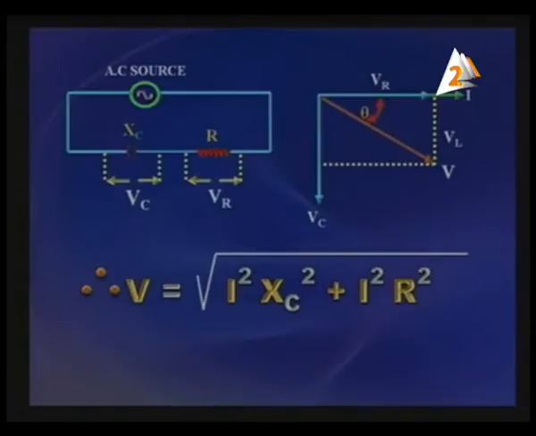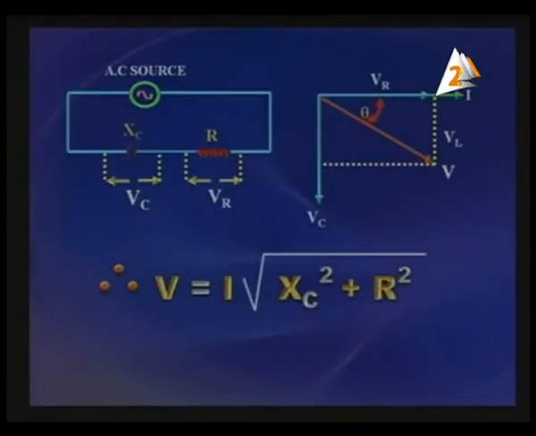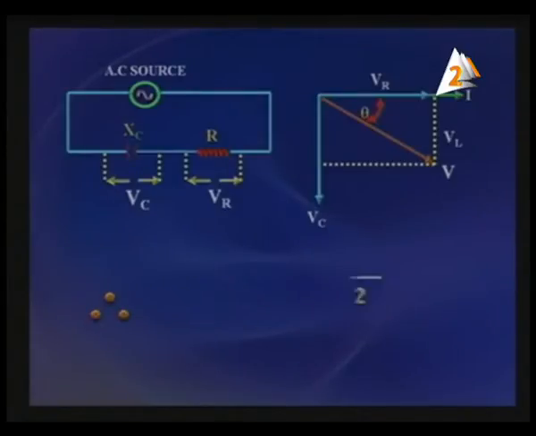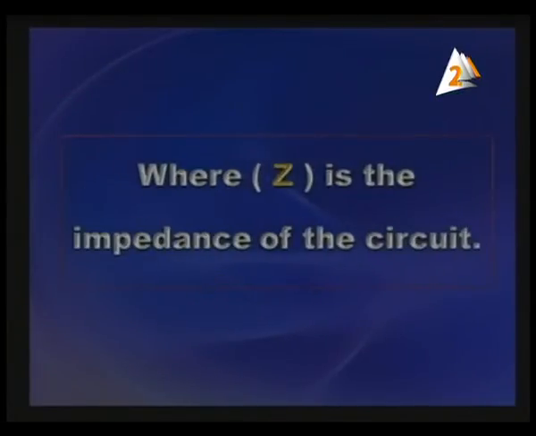So V is equal to the square root of I squared XC squared plus I squared R squared. So V is equal to I times the square root of XC squared plus R squared. V over I will give the impedance. So Z equals V over I, which in this case is the square root of XC squared plus R squared, where Z is the impedance of the circuit.